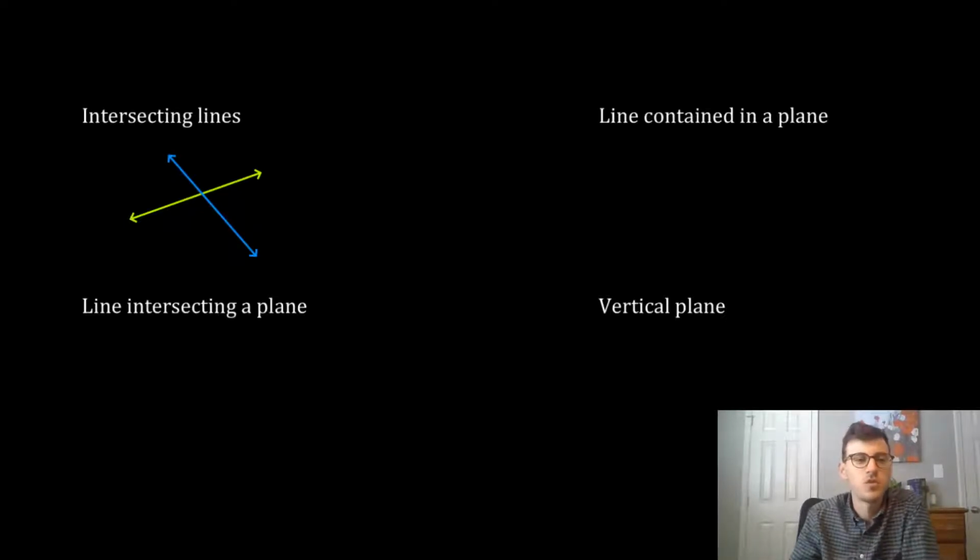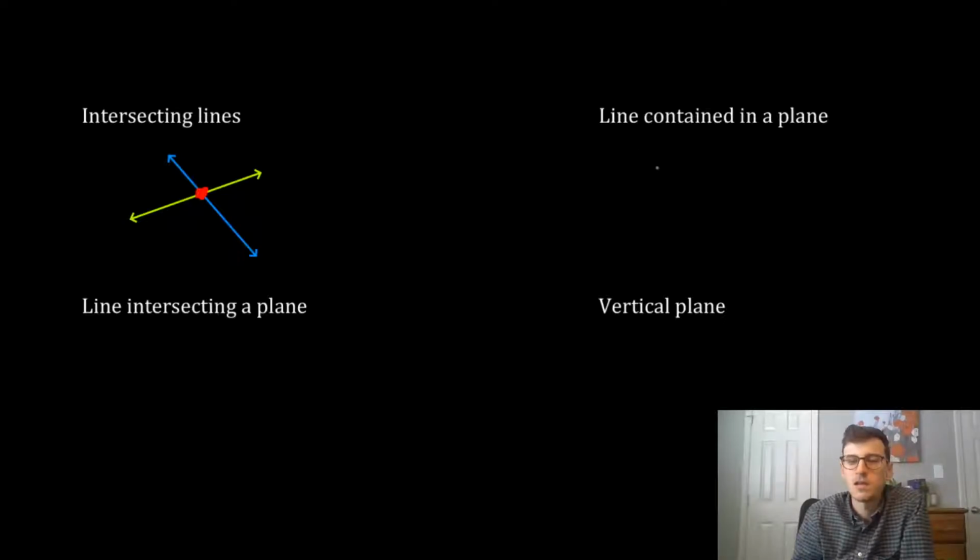Okay, and when 2 lines intersect, they form what? They form a point right there. We'll talk about this later. So intersecting lines, when they intersect, they form a point.